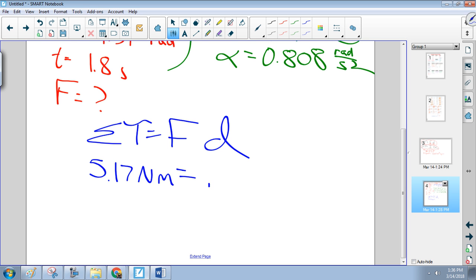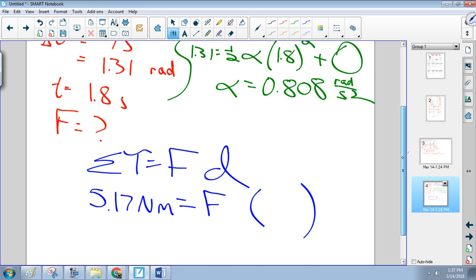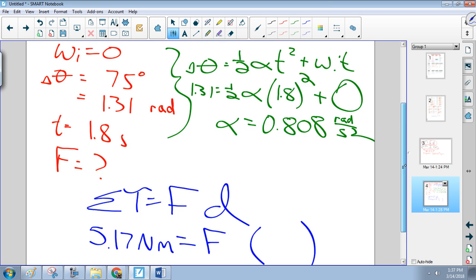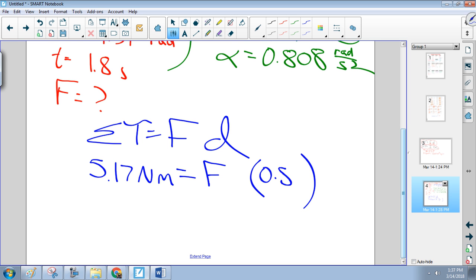That's got to equal F times d. If you're trying to open or close a barn door, where are you going to push it? At the outer edge. So your d is equal to your radius, which was 0.8 meters again. And then divide, and your force, if you round, actually comes out closer to 6.5 newtons. I think the answer might say 6.4.